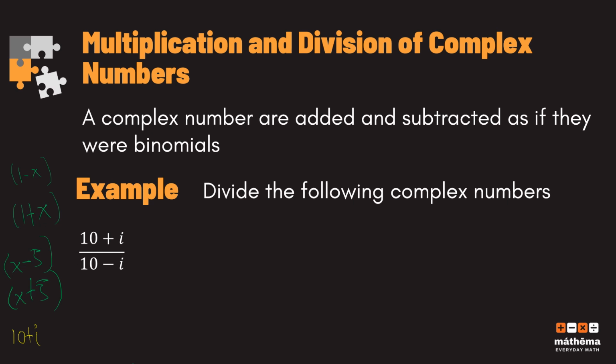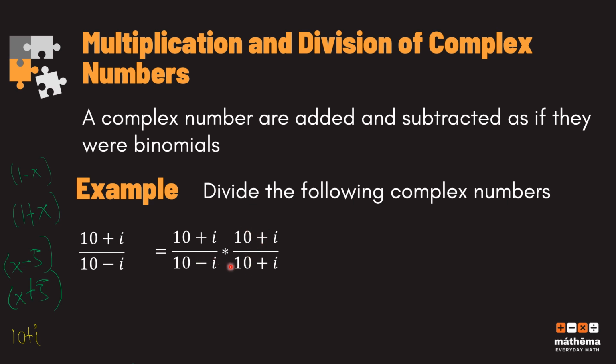So we are going to multiply our expression by 1 using the conjugate. So we will have 10 plus i over 10 minus i times the conjugate, which is 10 plus i over 10 plus i. Remember, if we are going to simplify this part of our solution, this is actually 1.